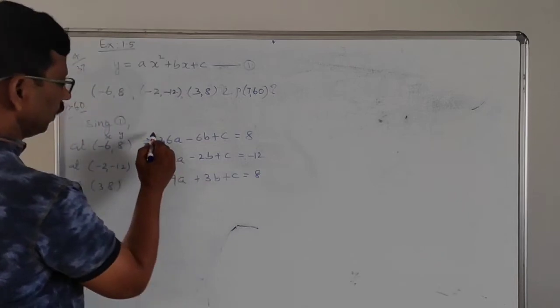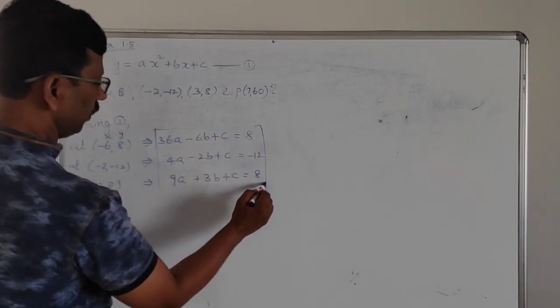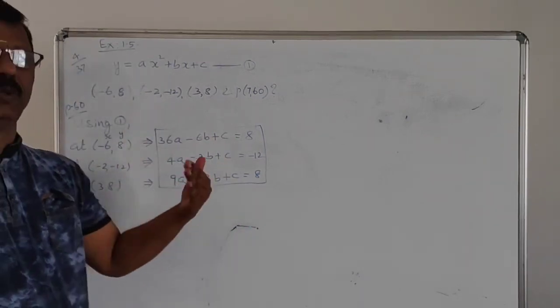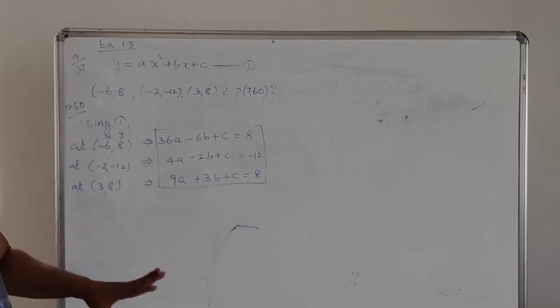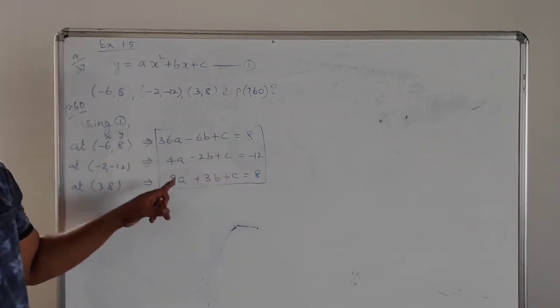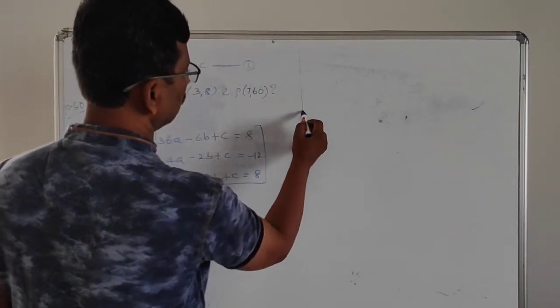Now we got the three equations. With these three equations we have to find the values of a, b, c by using Gaussian elimination method. If you want to use this Gaussian elimination method, we need to write the augmented matrix first. Therefore, first we can write augmented matrix.